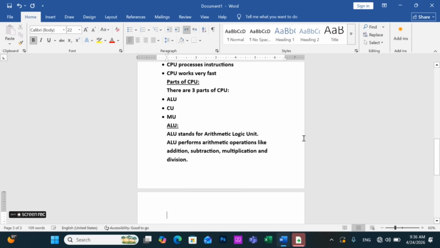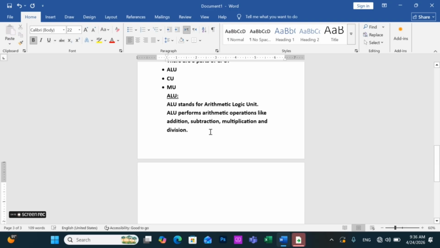Okay, and there are 2 words, arithmetic and logic, so it is also used for performing logical operations like comparison.